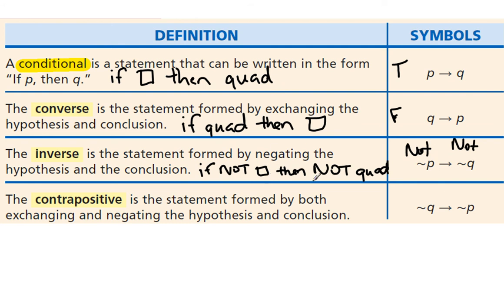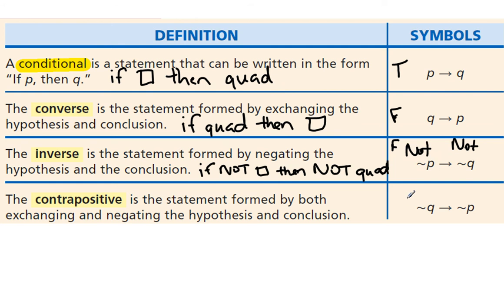A trapezoid is not a square, but is that not a quadrilateral? We'd say it is a quadrilateral, which means this statement is actually going to be false. False.